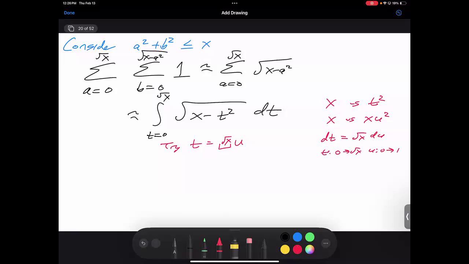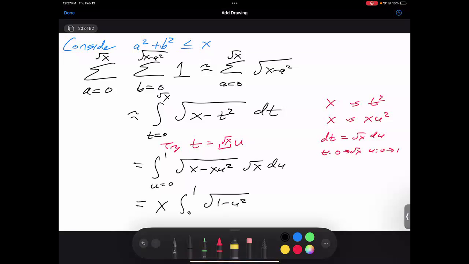And this now gives us the integral, u goes from 0 to 1, the square root of x minus x u squared, and dt is going to be square root of x du. I can pull out an x from the square root of x minus x u squared, and then that should just be x times the integral from 0 to 1, the square root of 1 minus u squared du.